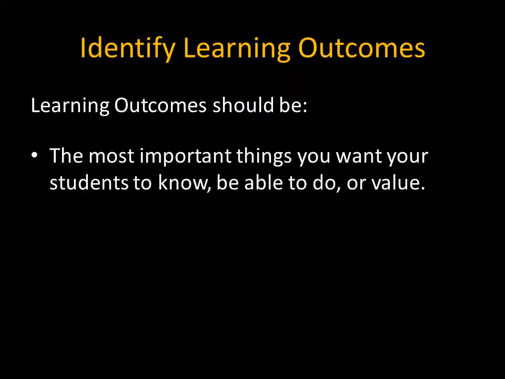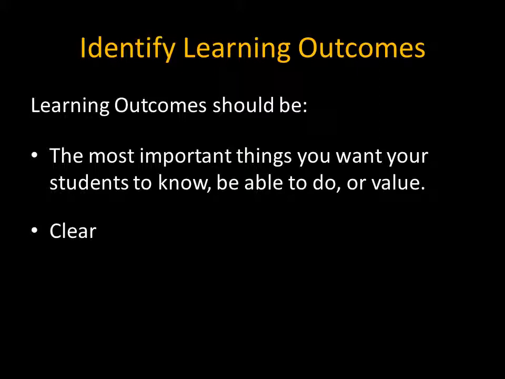Student learning outcomes for a program or a course state the most important things that students are intended to know or be able to do at the conclusion of the course or program. Learning outcomes need to be clear. Aim to state as specifically as possible what it is that students are intended to learn.